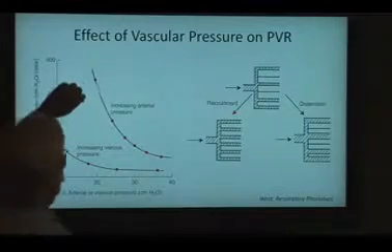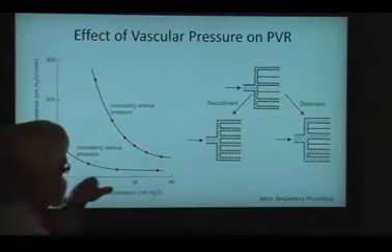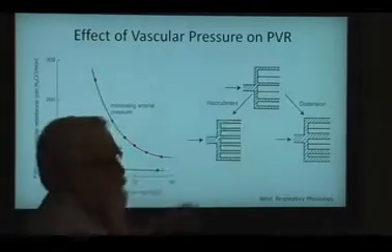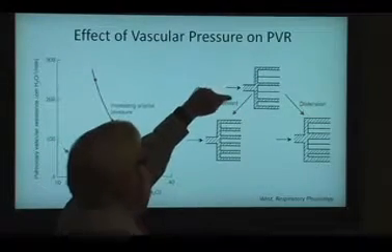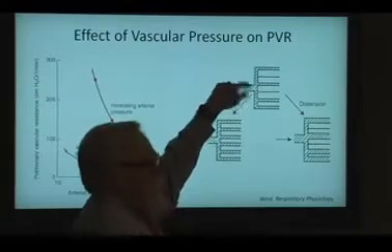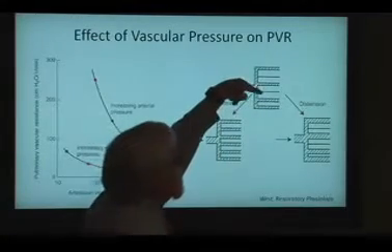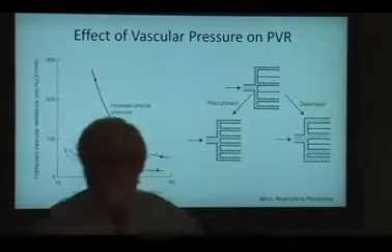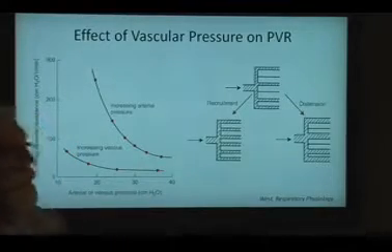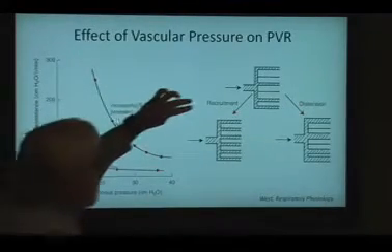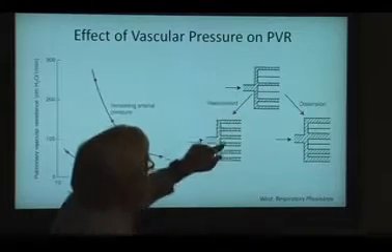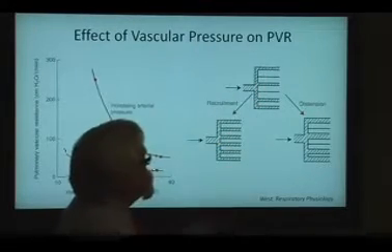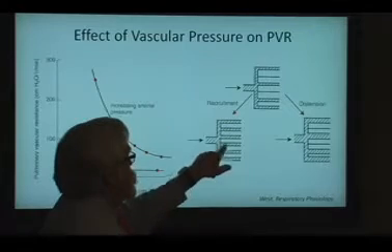So the reason why pulmonary vascular resistance decreases as pressure increases is because of two things. First of all, normally, some pulmonary capillaries are collapsed, as illustrated by this one and this one. That's normal. If we increase the pressure inside of the pulmonary vessels, that will cause those collapsed vessels to be recruited.